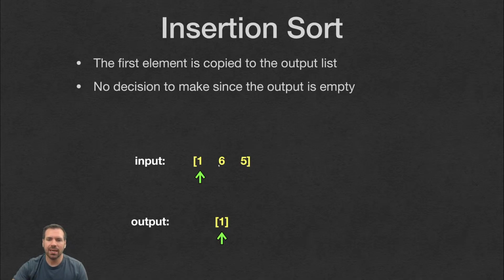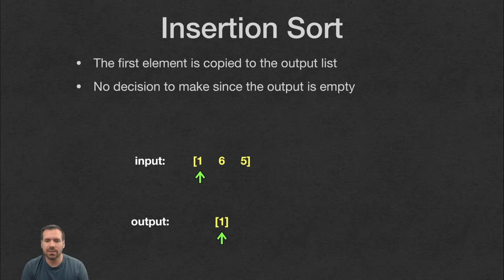We're going to say, does 1 come before 6? And the answer is going to be no. The comparator is going to say false. Remember, we're using the greater than operator, so we want to sort these in decreasing order. Our final output should be 6, 5, 1 if we do things right.